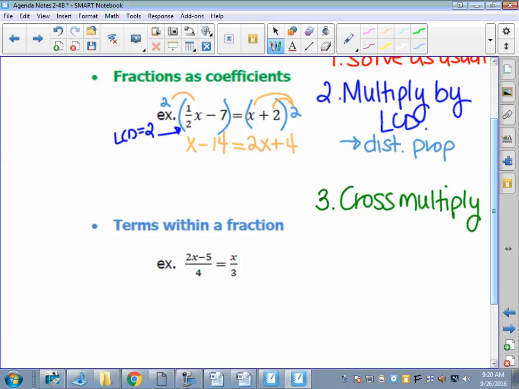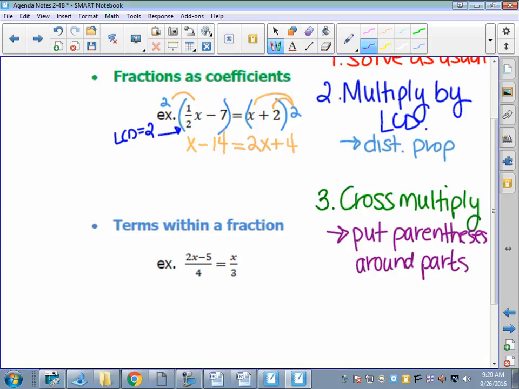Cross multiply. The only thing that I want to make a little note of here is to put parentheses around parts. I don't know another way to say it. For example, that first numerator, I'm going to put parentheses around that because when I cross multiply, I'm going to need to use, I sound like a broken record, the distributive property.